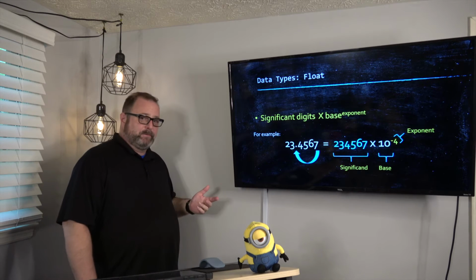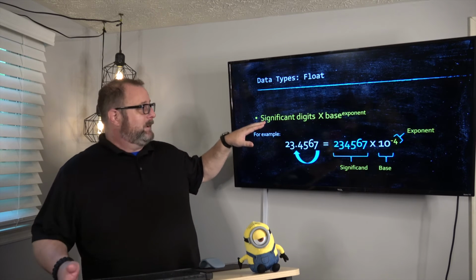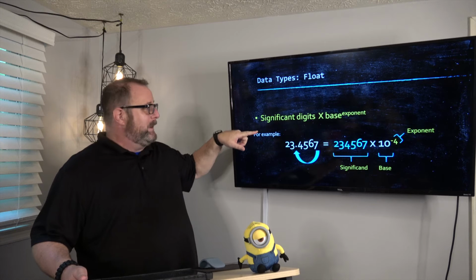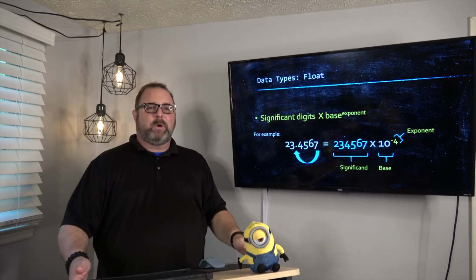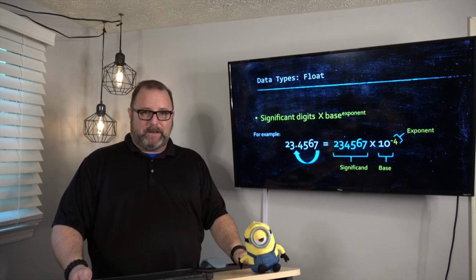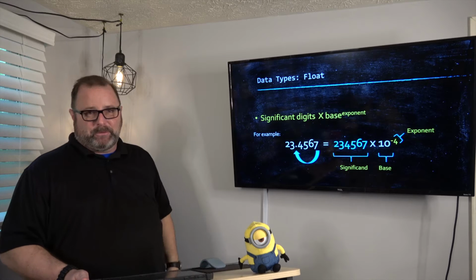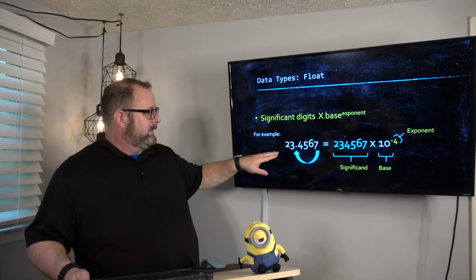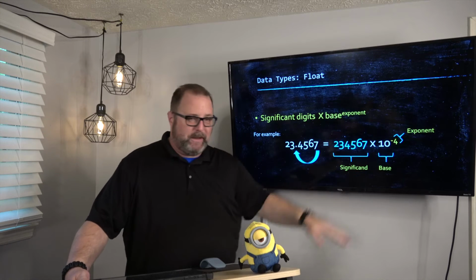Okay, that's integers. And for floats, I've got a couple bullets I'm going to show you here in a minute, but I want to really kind of focus on what I want you to know about floating points. And it's really simple. I want you to know the basics of how they're stored. And that is, they take the significant digits times the base and the exponent.